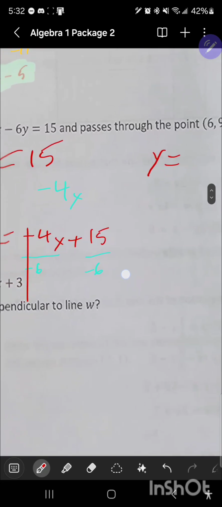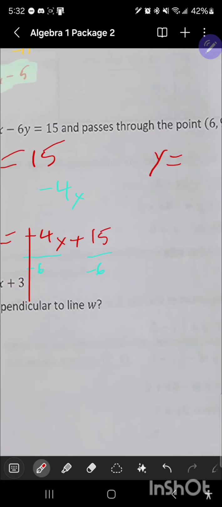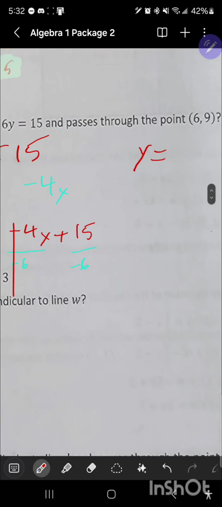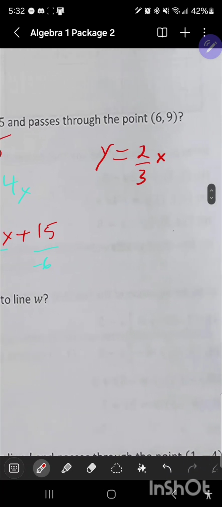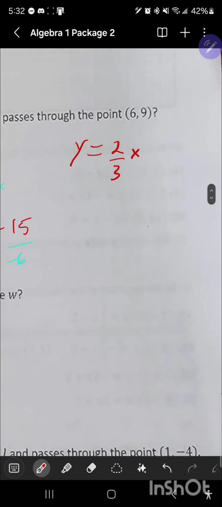Now, 4 divided by 6 we cannot divide right away, but we can simplify. 4 divided by 2 is 2, then 6 divided by 2 is 3. I keep it positive because they have the same sign. And then 15 divided by negative 6: you see different signs, this is positive 15 and this is negative 6, so we have a negative sign here.